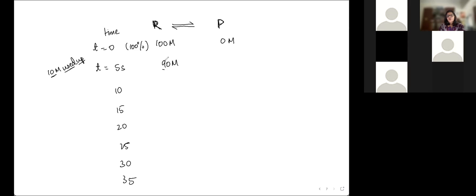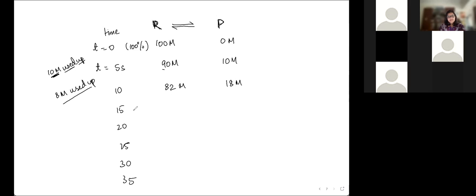Or how much of the product would I have? 10 moles. So the 10 that was used up in being changed to this. After 5 seconds, let's say another 8 moles have been used up. So when I measure the concentration, how much of the reactant is there in the vessel? 82. How much product will there be? 18.